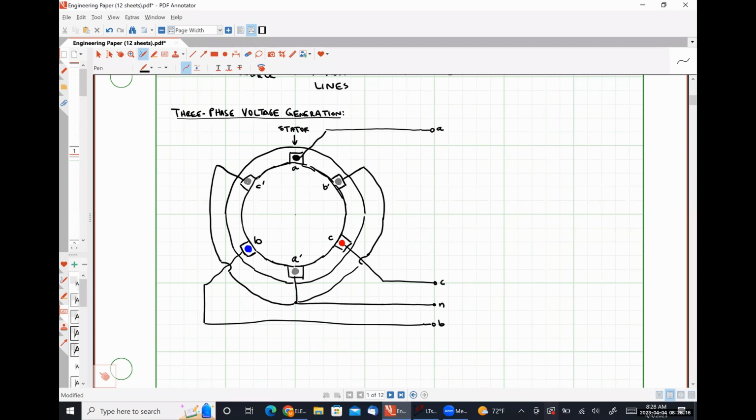So this dot right here in the center of our stator is going to represent a pivot point. Okay. And so what we're going to have is effectively a magnet.